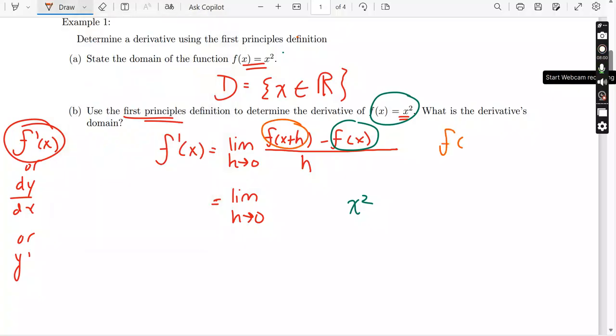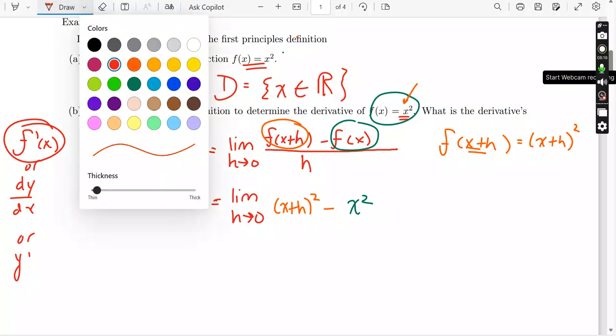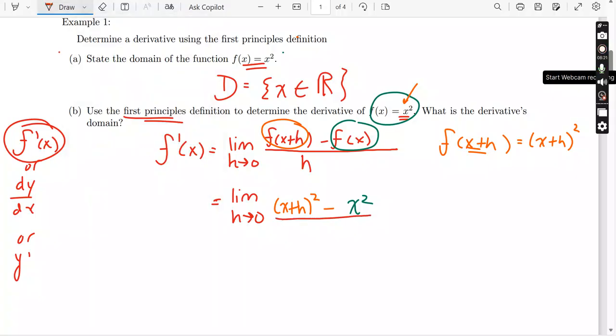Now, what is f of x plus h? Well, all I'm simply doing is replacing the x in our function with x plus h. So in this case, it's going to be x plus h squared. So over here, I'll have x plus h squared minus x squared, and then this whole thing is going to be over h.